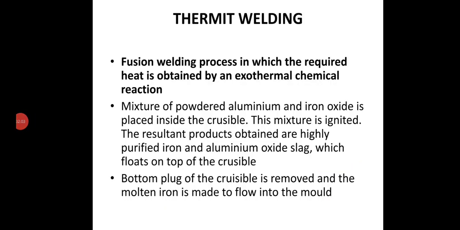Here you are not utilizing any arc or any type of electrical source for generating the heat. Instead, you are utilizing an exothermic chemical reaction, that is the ignition of the powdered aluminum and iron oxide mixture. That makes purified iron and aluminum oxide slag. Aluminum oxide will be the slag, and the purified iron can be utilized for welding operations.